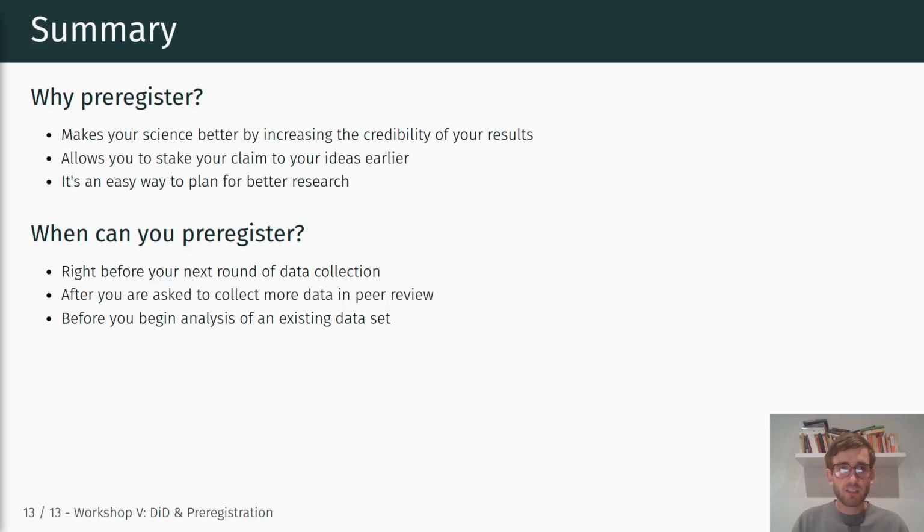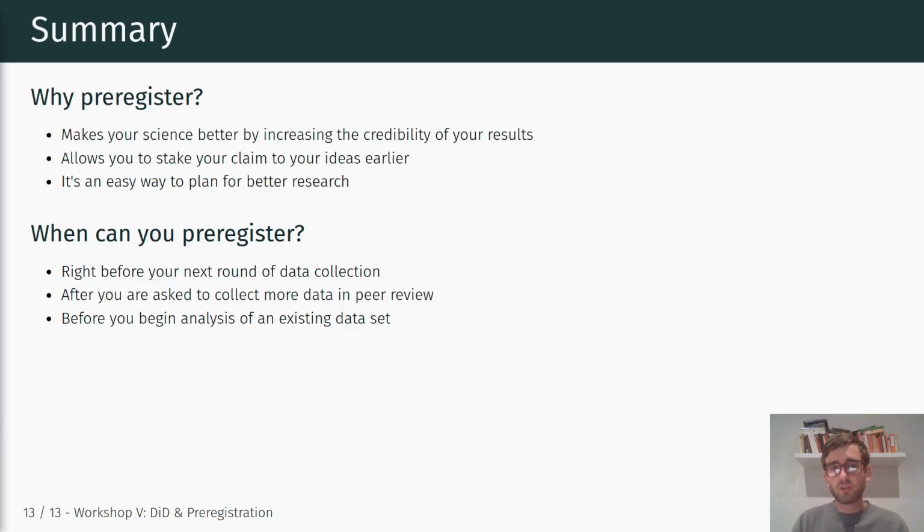Next, when can you pre-register? So there are actually different stages. Of course, the ideal scenario is that you pre-register your design right before your next round of data collection.